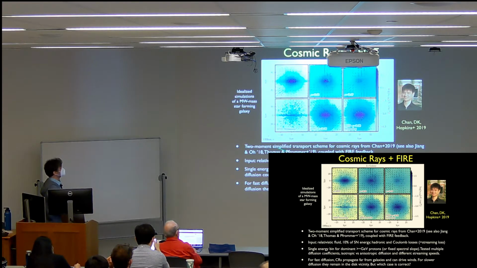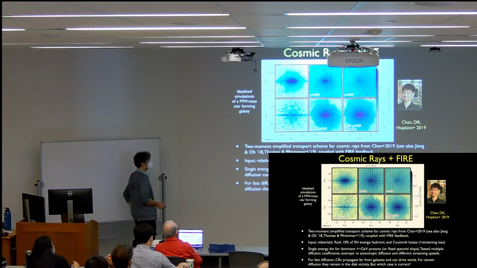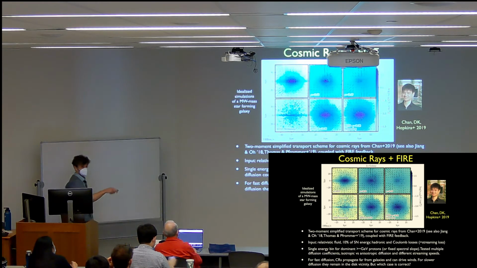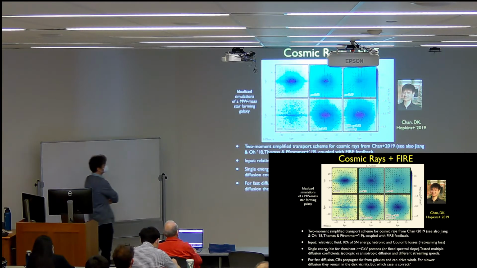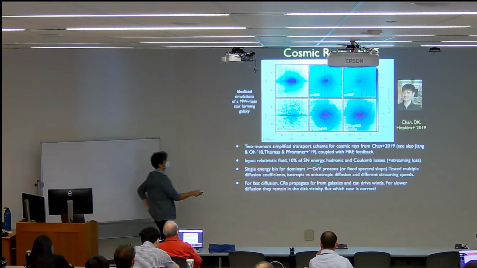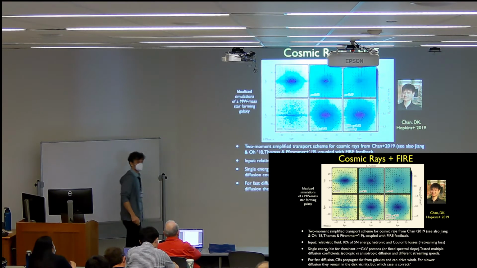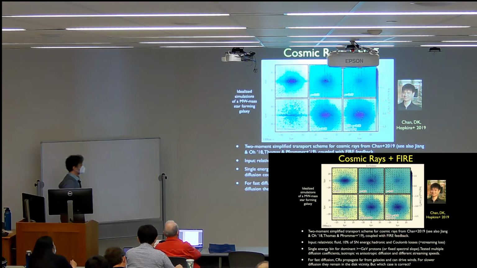Those are our cosmic rays. We have hadronic and Coulomb losses and streaming losses. Early on, we tried a very simple approach where we only have one energy bin, because cosmic ray energy density is dominated by few GeV protons, and that's basically what we are evolving. You can argue about this and say we are just evolving a fixed spectral slope for the whole population, but basically we have one bin.